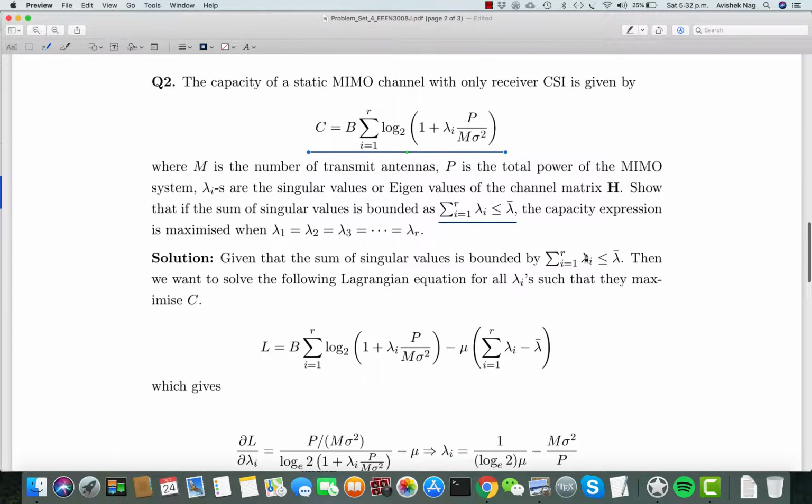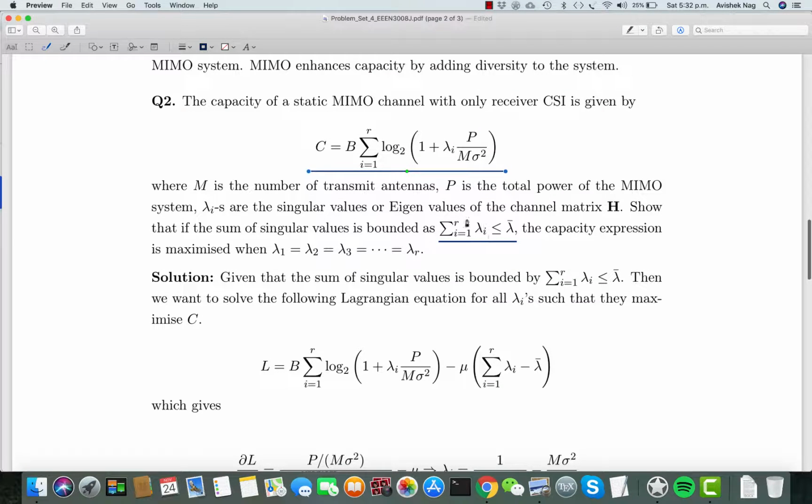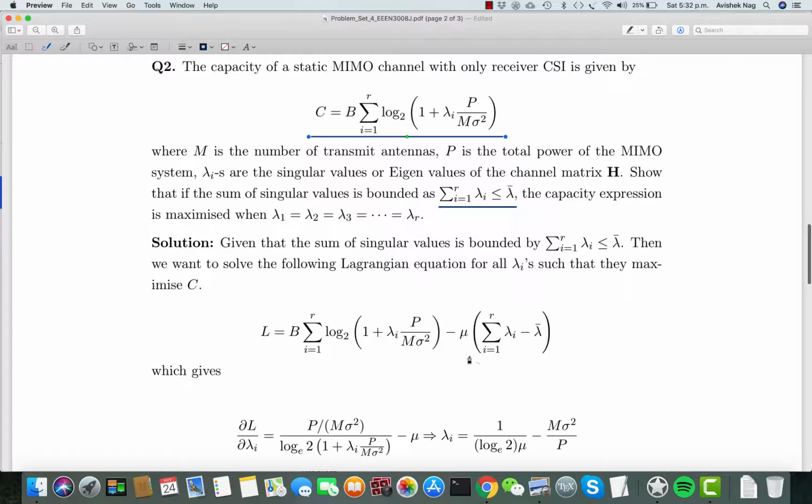So basically here my constraint is that the sum of all the eigenvalues is less than or equal to lambda bar. So I am introducing a Lagrangian multiplier mu here, and I'm writing this constraint equation in the form of the sum of all the eigenvalues minus the maximum value.